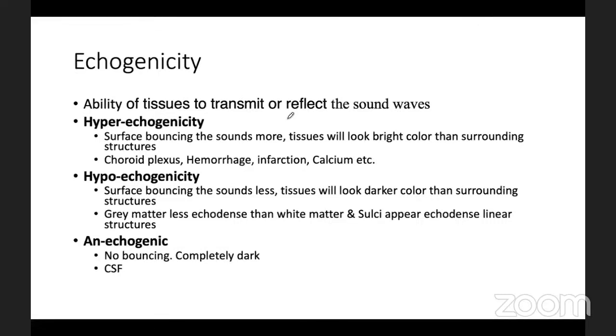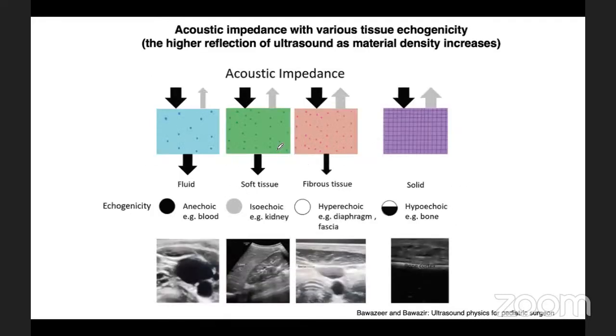The opposite is hypoechogenicity, when the tissue reflects less, so the color is a little bit darker. The gray matter looks less echo dense than the white matter, and the sulci appear more echo dense. And if the sounds are not bounced back, then the structure will appear completely dark, for example CSF.